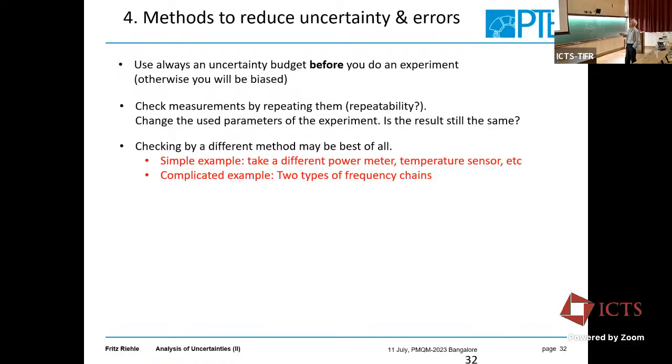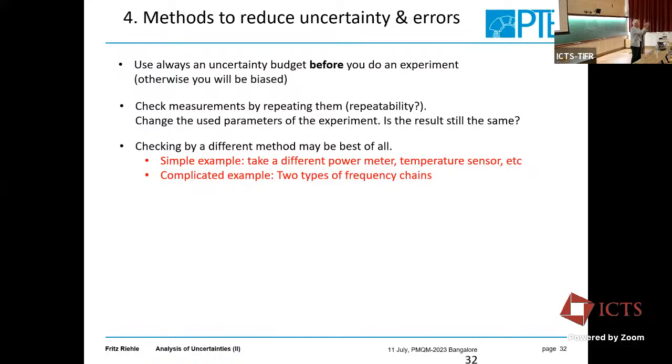Then the next thing we have learned yesterday, of course, check measurements by repeating them. So it's the repeatability that matters. Einmal ist kein Mal, we say in German. One time is not measured. If you measure once, it's not measured at all. So you have to do several measurements. I have shown you the comparison between the strontium and the ytterbium clock.